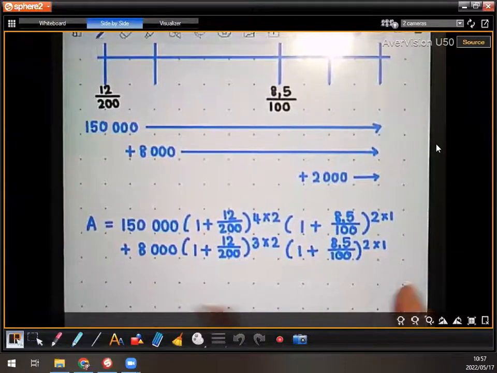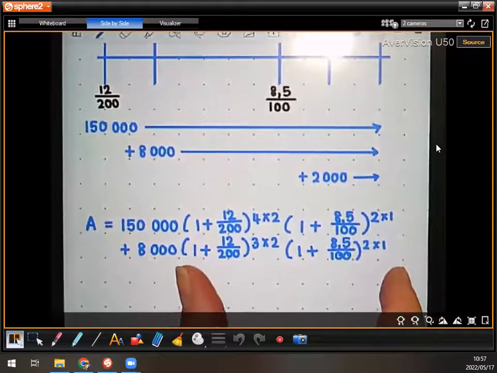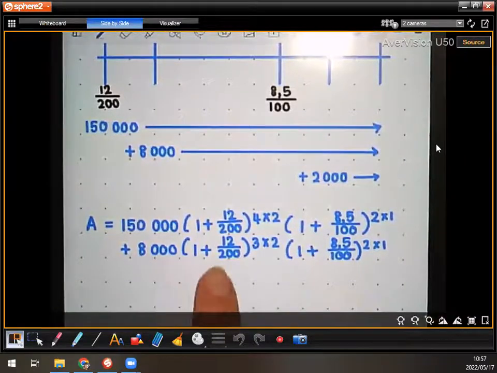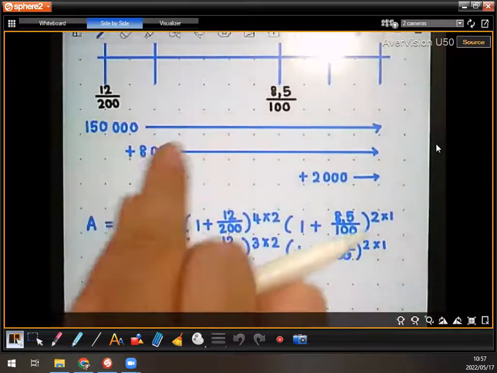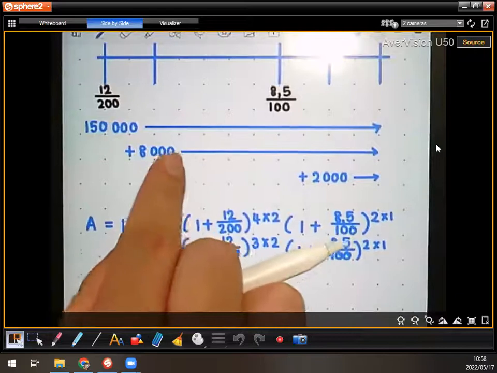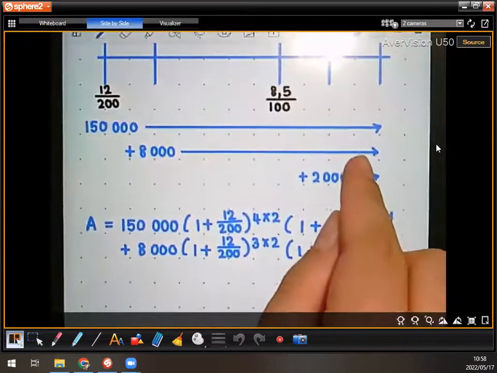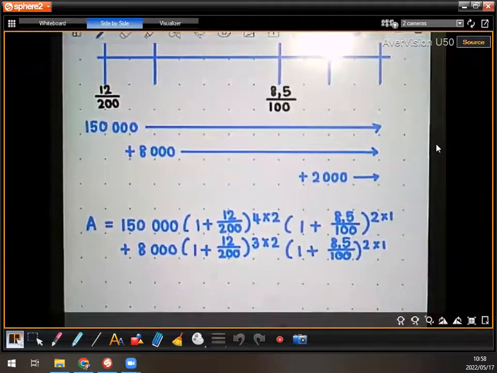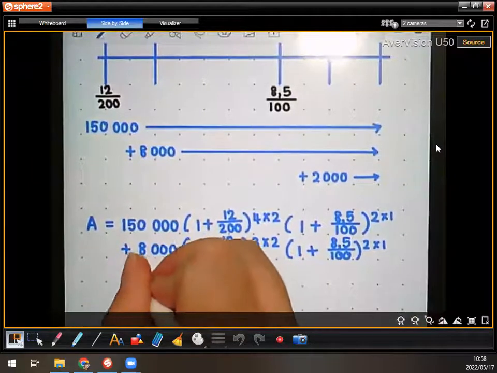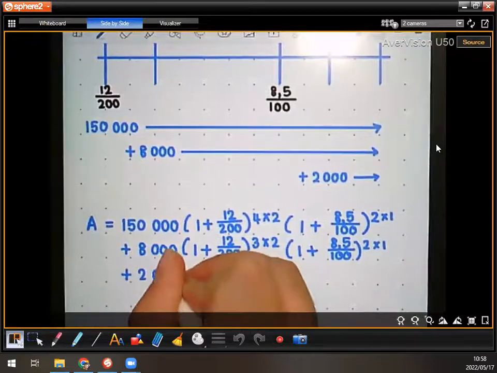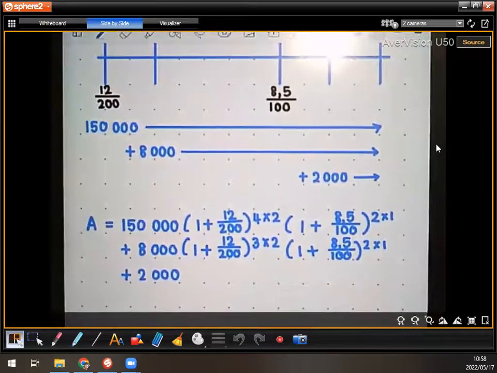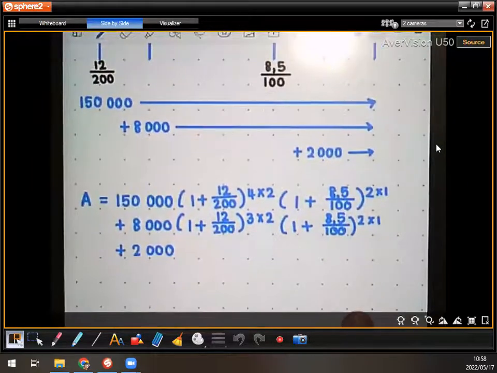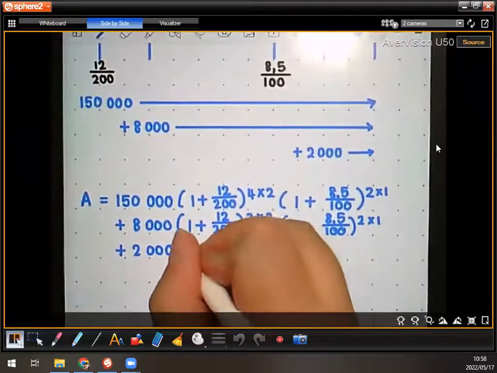So now that second term essentially of the calculation. If you have enough space, you can try to put it all in one long line. I don't have enough space. That will tell you what this specific deposit is going to be worth after 6 years. And now we had one last deposit of 2,000 rand, so we're going to say plus that money is also obviously going to be in the account at the end of 6 years, and we have to add that along with the interest that it's going to earn.